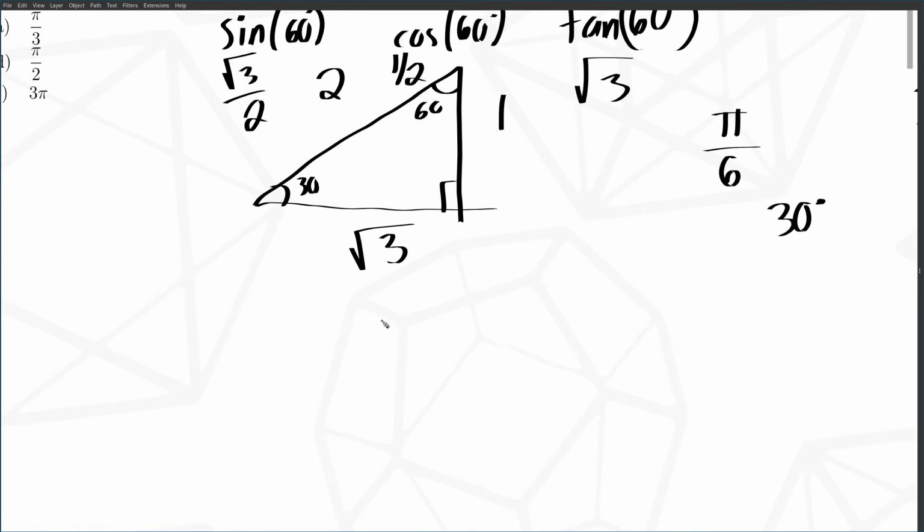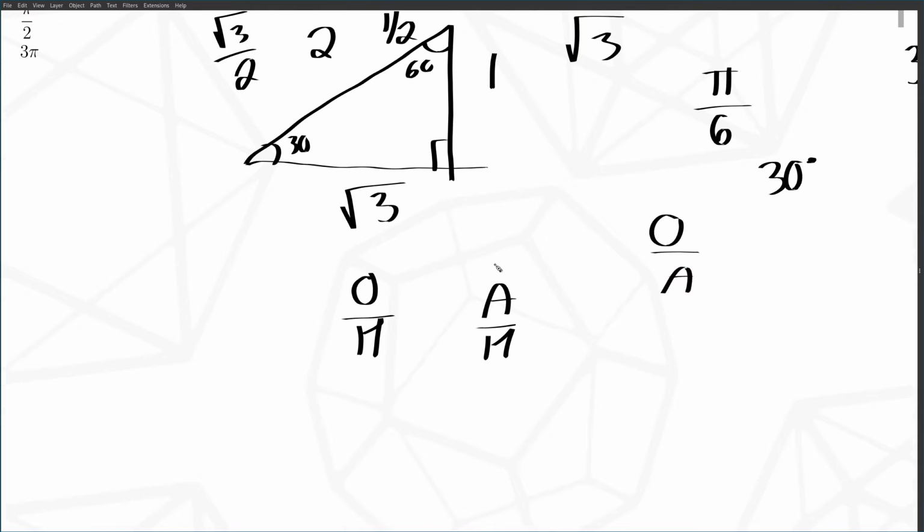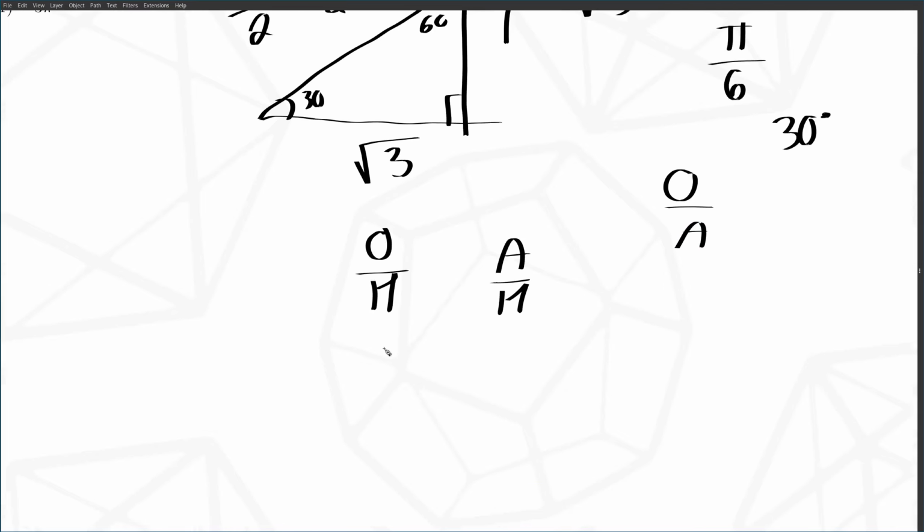So if sine is equal to the opposite over the hypotenuse, and the cosine is the adjacent over hypotenuse, and we want opposite over adjacent, we can manipulate these two values to get this one. Let's do that by just dividing.